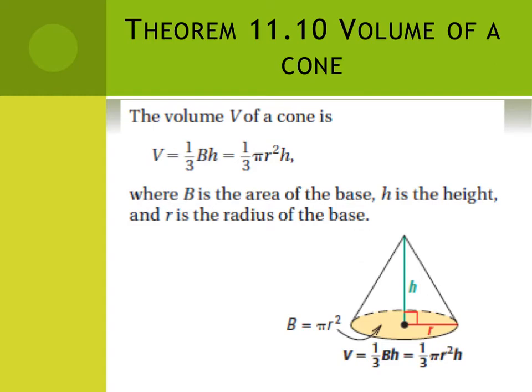And again, we don't need to worry about the number of the theorem. All we need to do is memorize this formula. But remember, since we are doing this virtually at home, when we take this test, you can have your formulas written down on a piece of paper. Again, the capital B represents the area of the base, and the base shape on my cone is a circle, and the formula for area of a circle is pi r squared.